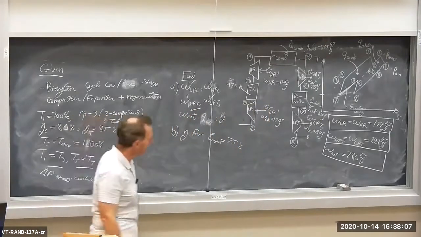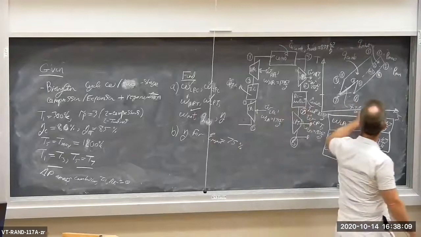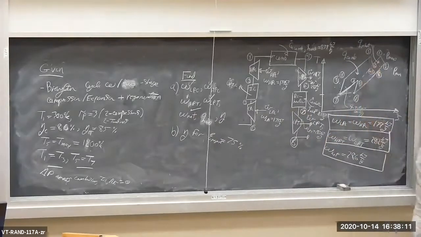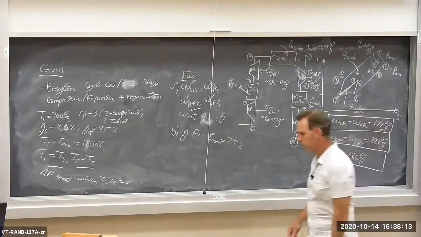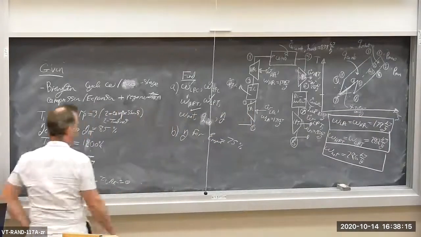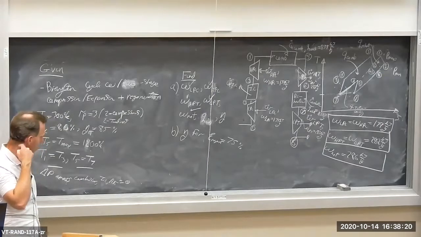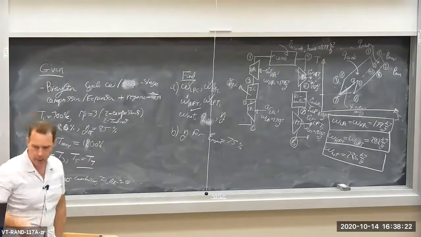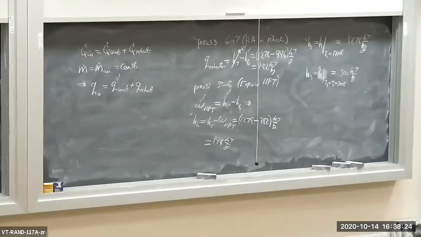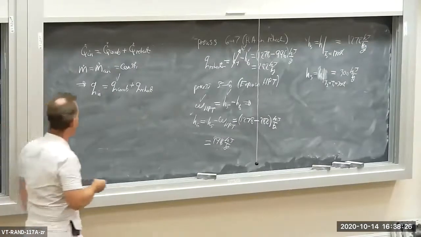That's not true in general. If T5 and T7 were not the same, then Q reheat would not be equal to WHPT, okay? It's good to calculate this stuff from scratch. Okay, I have the heat addition from both the reheater and the combustor. I am ready to plug in.